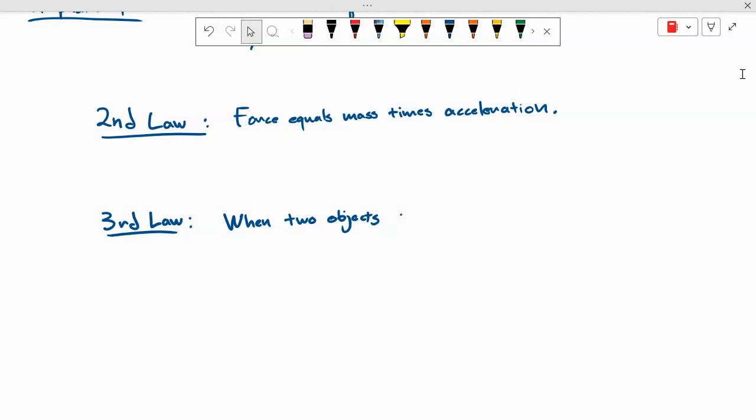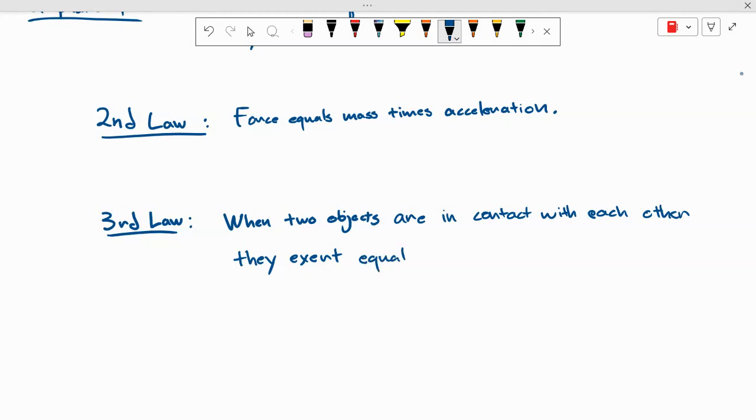Okay, let's get back to it. The third law says when two objects are in contact with each other, they exert equal but opposite forces on each other.